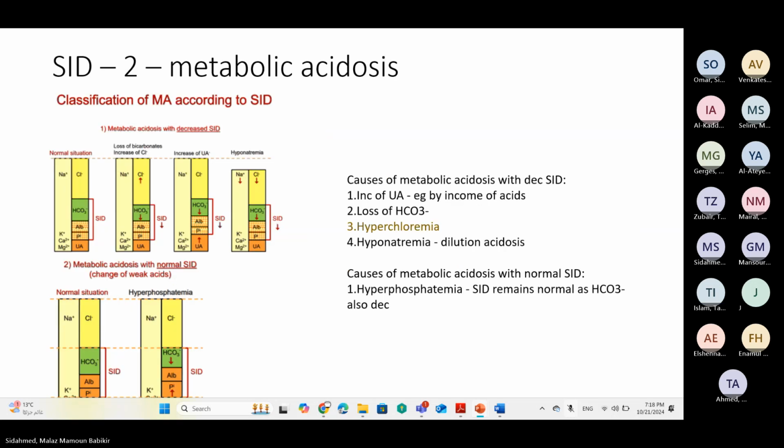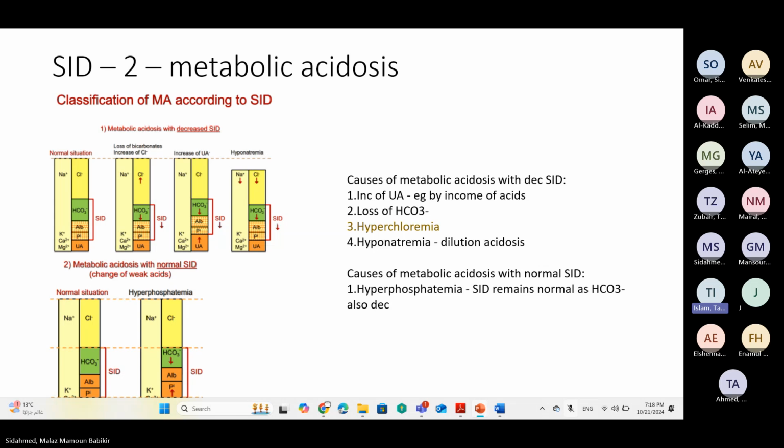Next slide. Okay, so in acidosis, with respect to SID, you would have either decreased SID or normal SID. And you can sort of predict the etiologies. For example, if there's decreased SID, then what are the parameters of SID? Bicarbonates, albumins, phosphates.